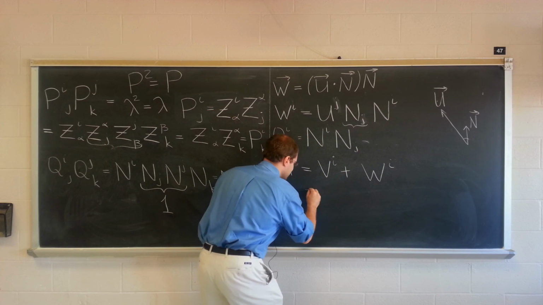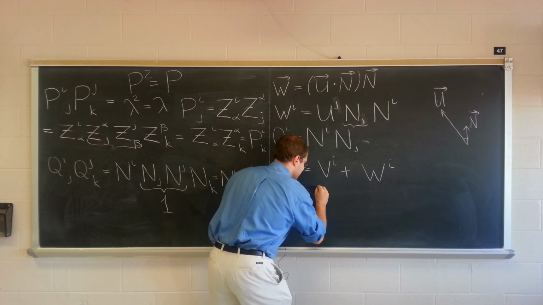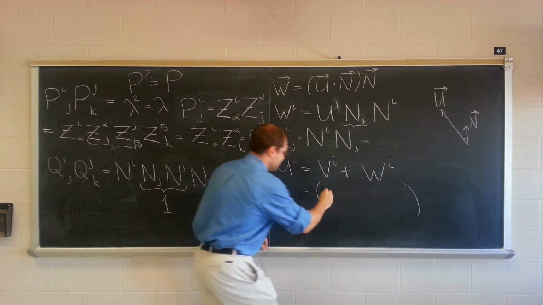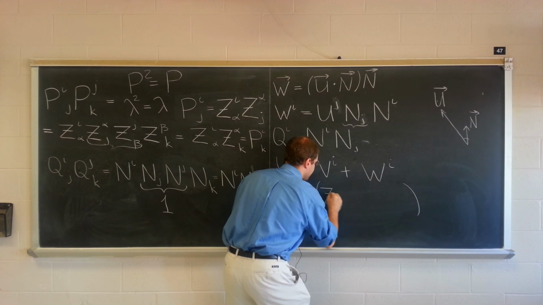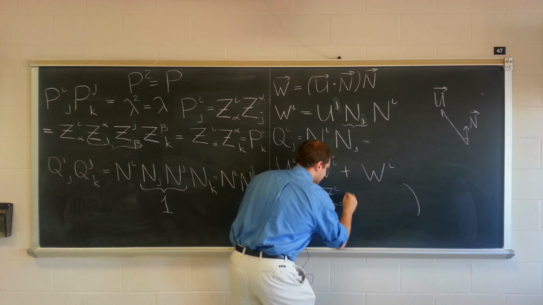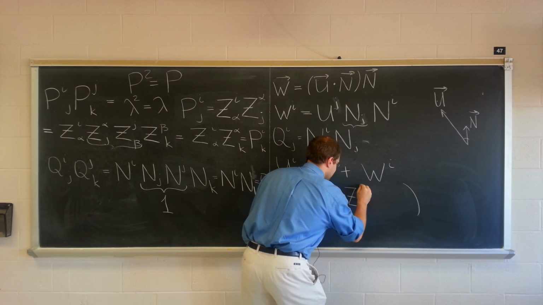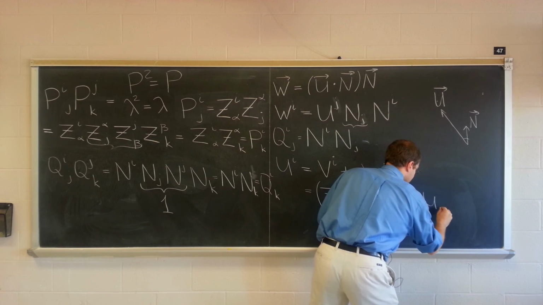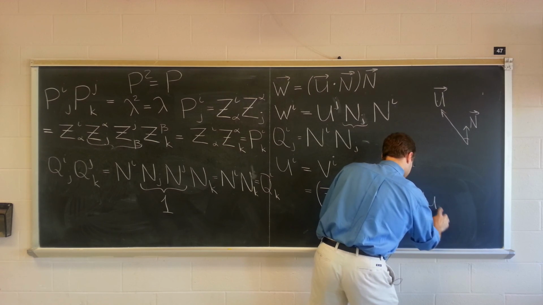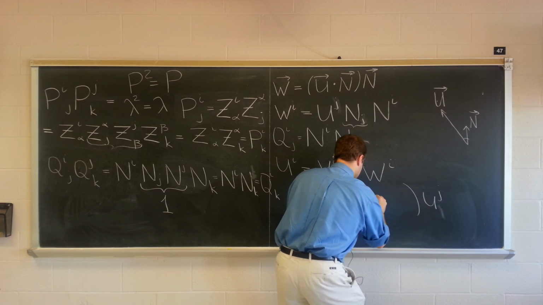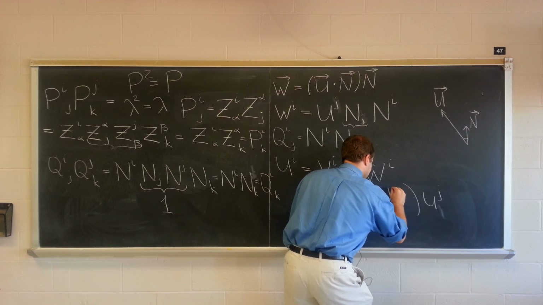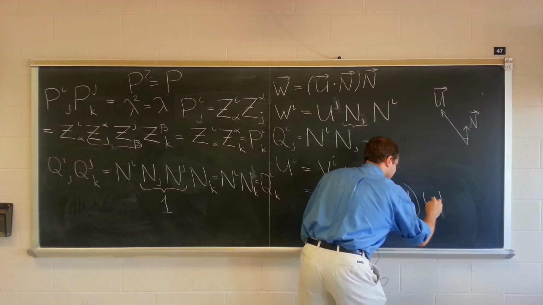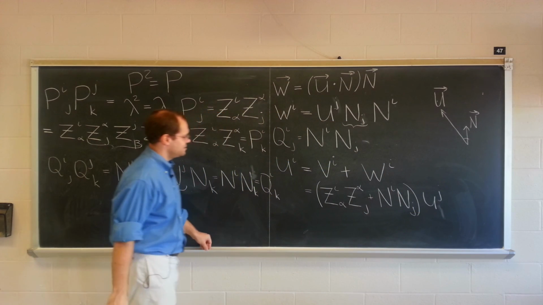I think it's intuitively clear that that's the case. And of course, let's recall that this one is, you will see that parentheses will be quite appropriate, Z_i^α Z^α_j U_j, and this one is N_i N_j U_j. That's why I put parentheses here.